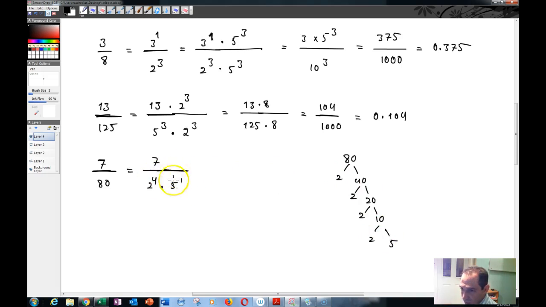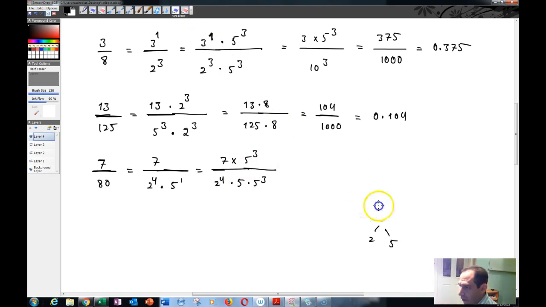So I need another 3 factors of 5 so that I get 4 factors of 5 here, so I can have some power of 10 here. So I write this as 7 times 5 cube, and this is 2 raised to the power 4 times 5 times 5 cube.